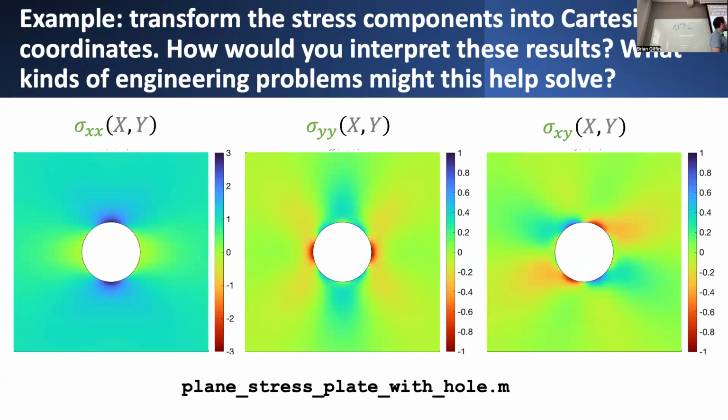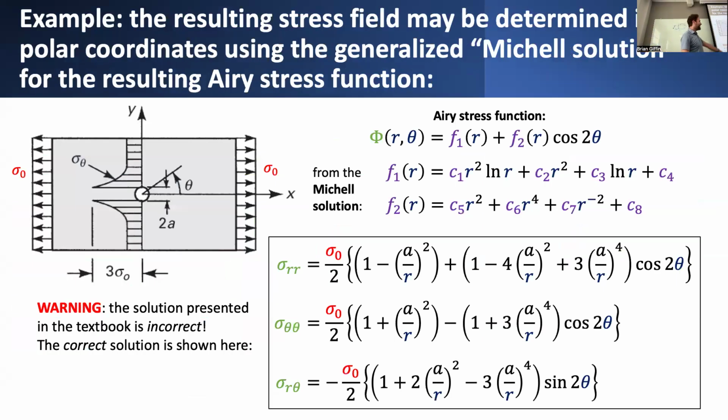So if my stress achieves a value of 1, as displayed on these color plots, it means it's equal to sigma naught, the far field uniaxial tension stress that I'm applying to this plate. So this 3 sigma 0 that you showed us in the previous picture. Yeah.